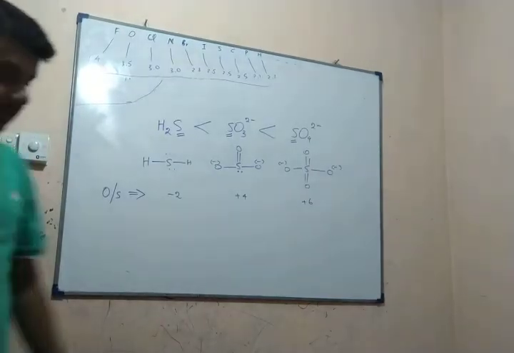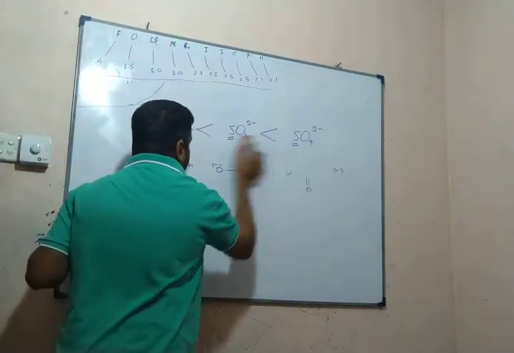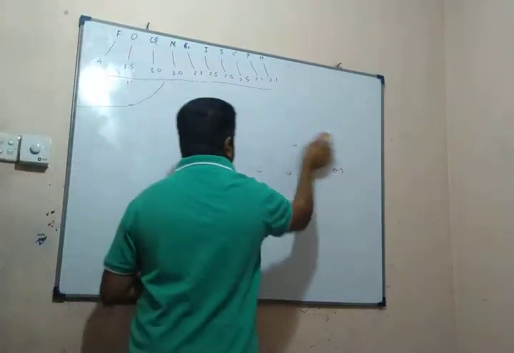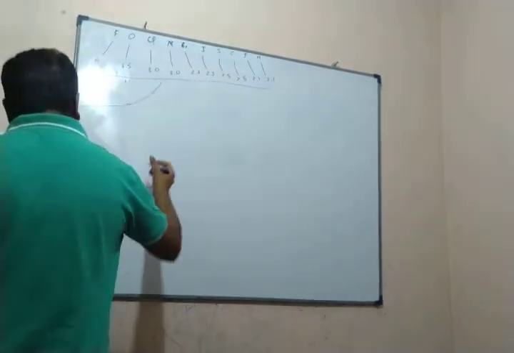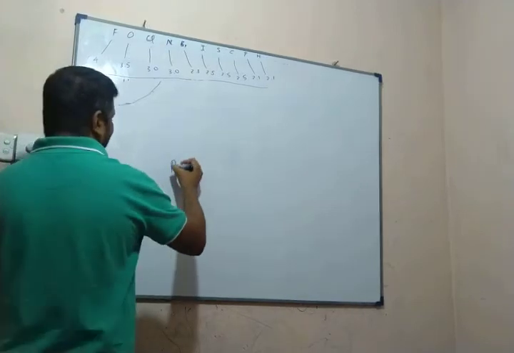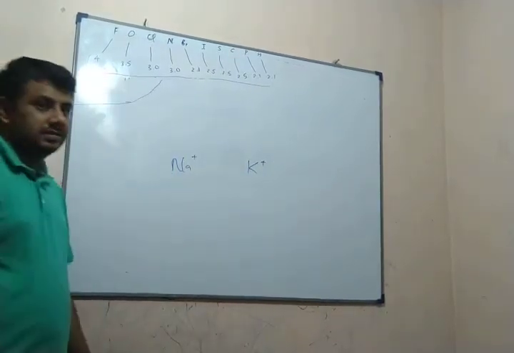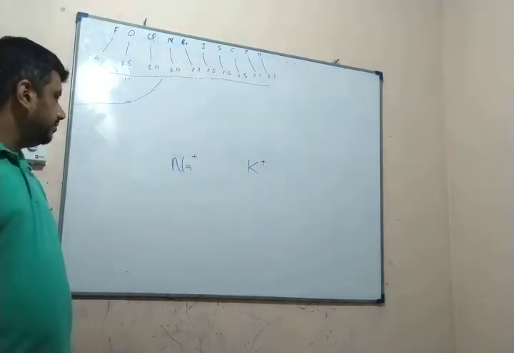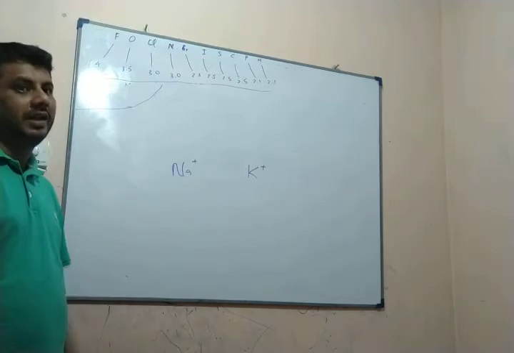When the size increases, what happens to electronegativity? For example, Na plus and K plus. Hybridization type is not considered because it's a monoatomic ion, right?